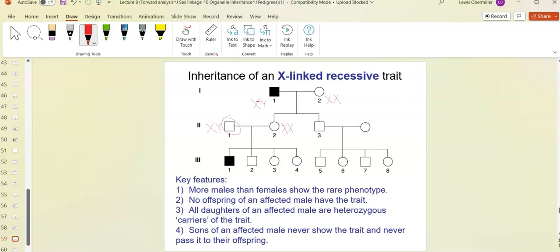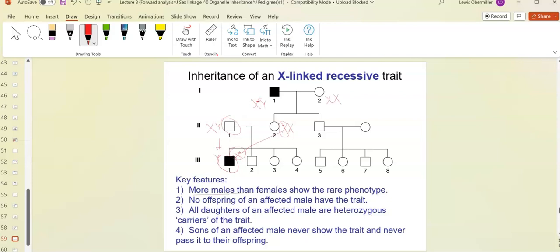Because it's sex-linked, we can assume that anyway. And then this is going to be passed on to this male, who can only give a Y. This would be the X that's contributed, and since there's only one copy of the X, then it's X-linked recessive here.